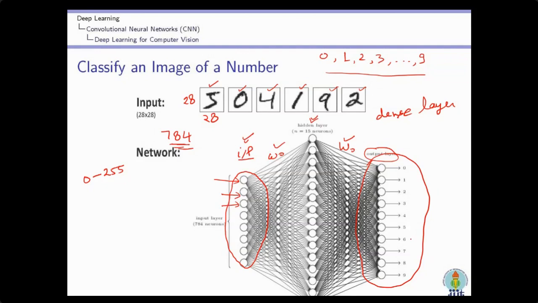Now you see how simple it is, but if we analyze this architecture, there is a major problem. What is the major problem? Here I am using a very small image, 28 by 28, and generally image sizes are very large, for example 1024 by 1024 or larger.